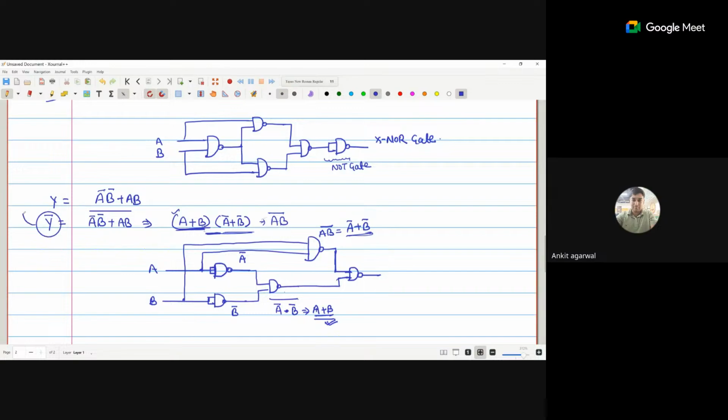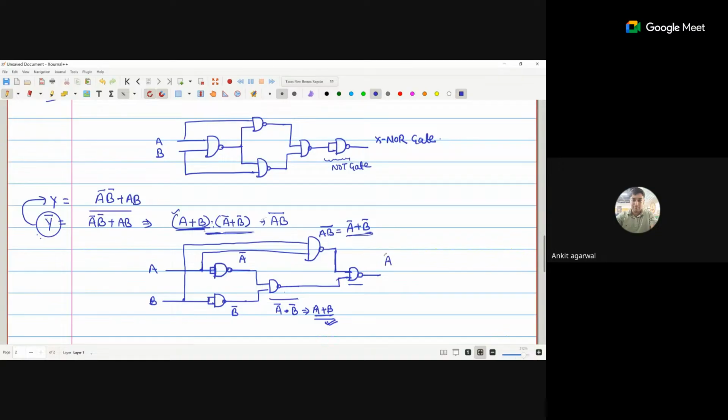We have to take a NOT gate to convert it into Y. So this AND and this NOT gate become a NAND gate.